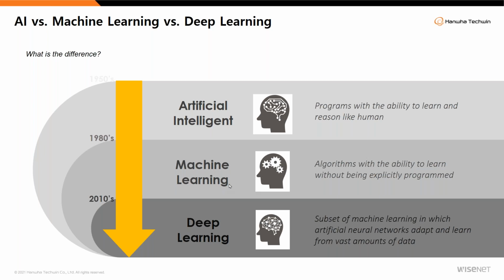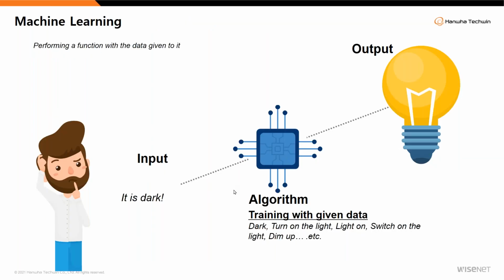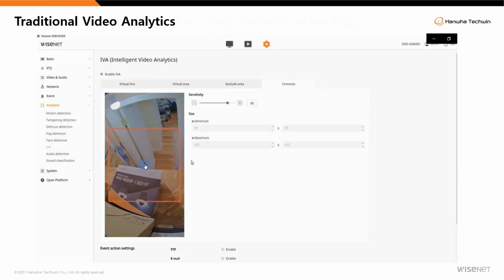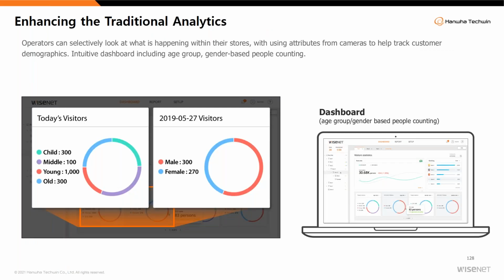All right, machine learning is where you are programming the camera to take informed decisions. So let me just take one example. I always use this example to make sure people can understand.